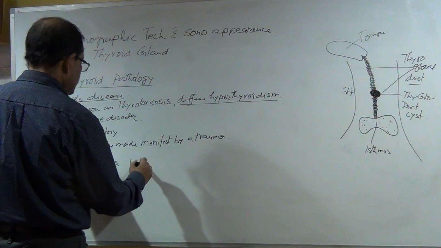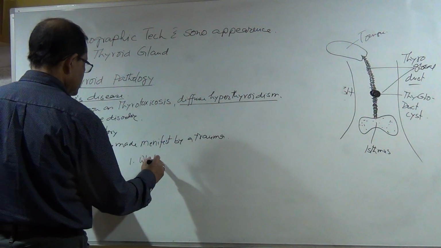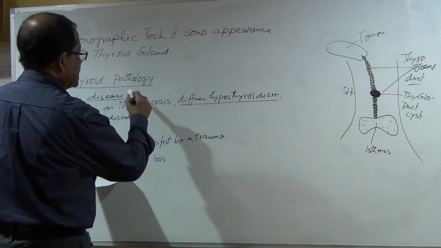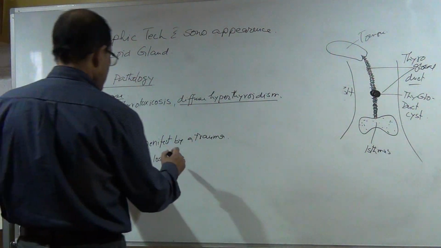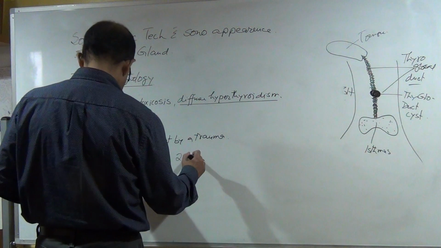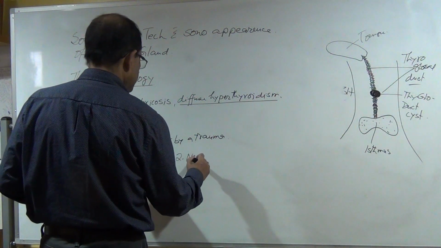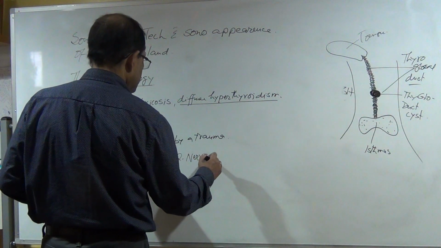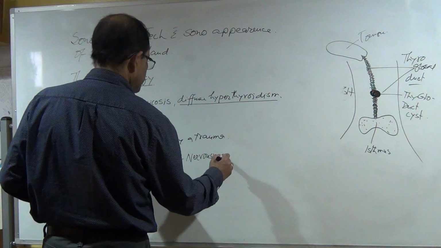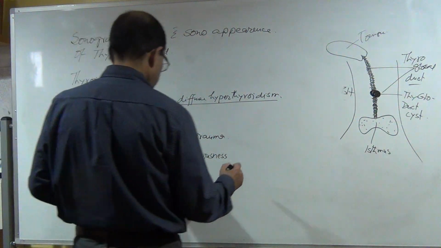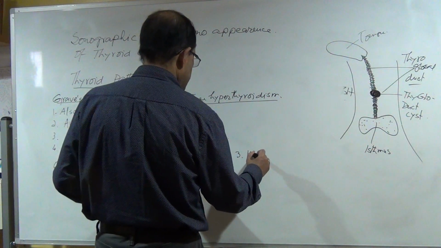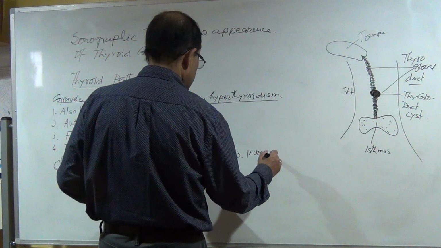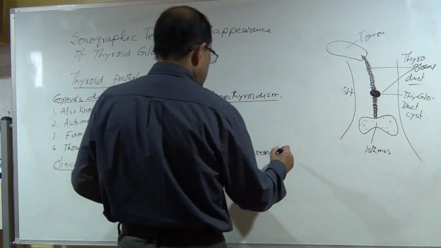Weight loss. In Hashimoto's, weight gain; now it is weight loss. Number 2, nervousness. Number 3, increased irritability.